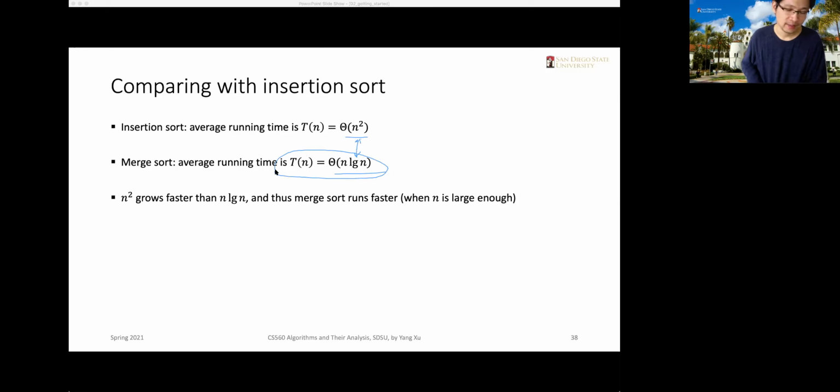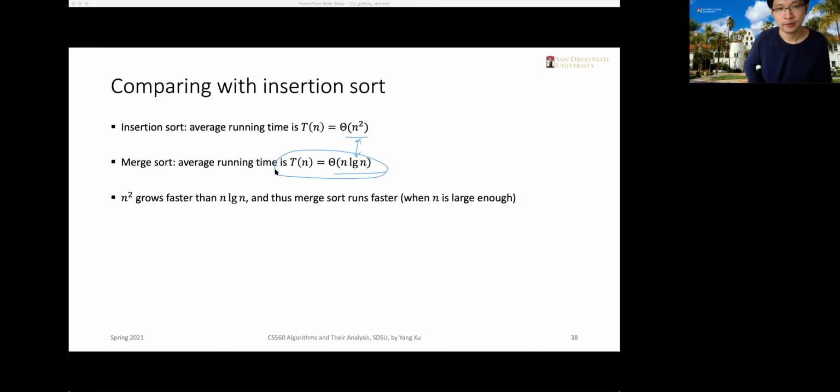Which means if we have a small input size, say only 100 numbers to be sorted, then when we compare insertion sort versus merge sort, there's probably no significant difference. They basically return the result instantly. But things will be more different if you increase the input, say to 10,000 or 100,000 numbers. As n increases, the difference between the two functions will be much more significant.